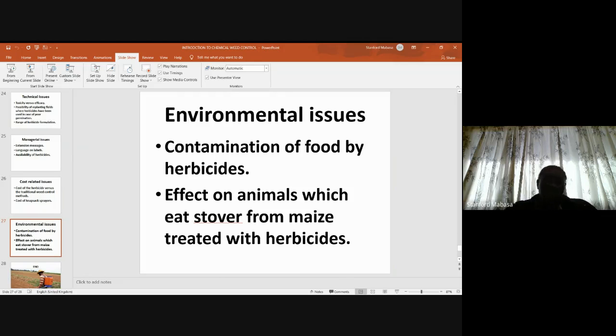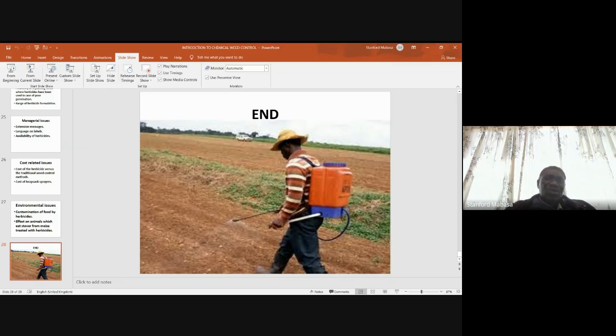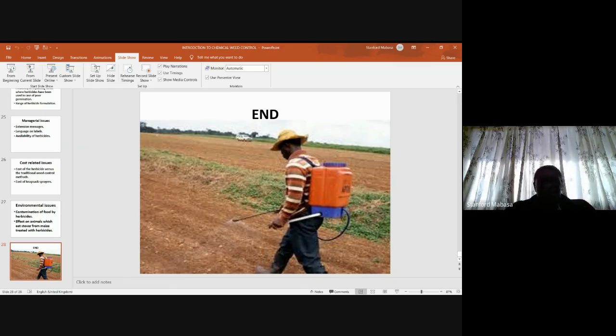So these are some of the issues which farmers were concerned about. So this is it on the issues or constraints concerning herbicide use under smallholder farming conditions. I will stop here.